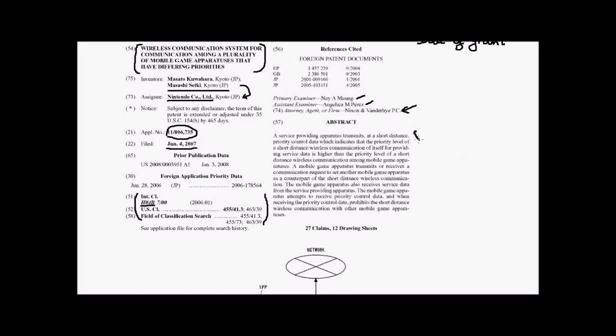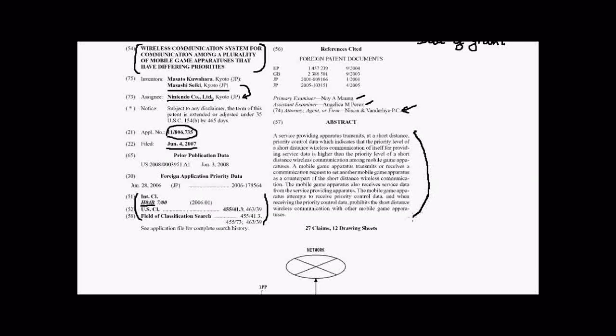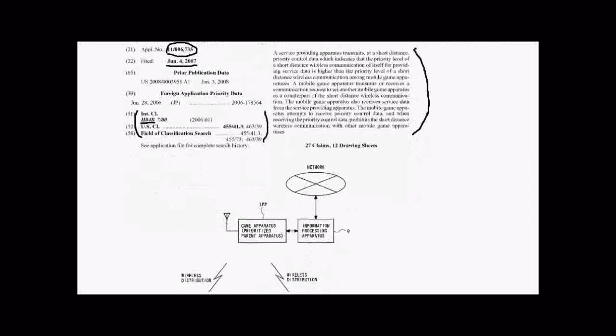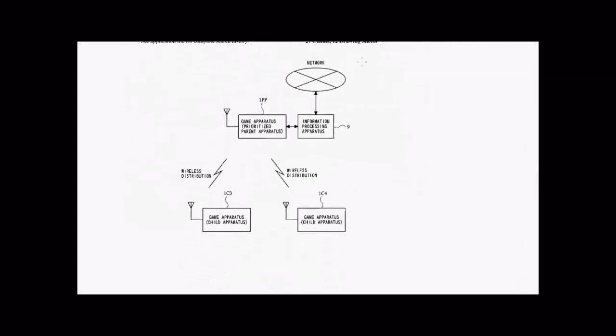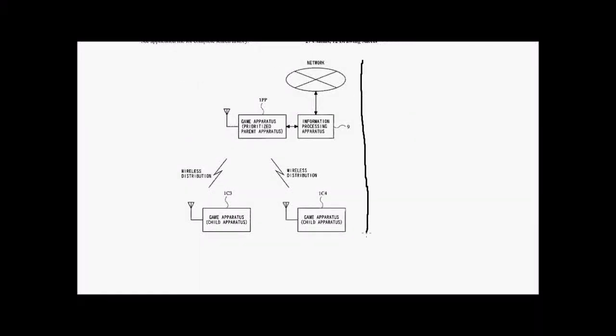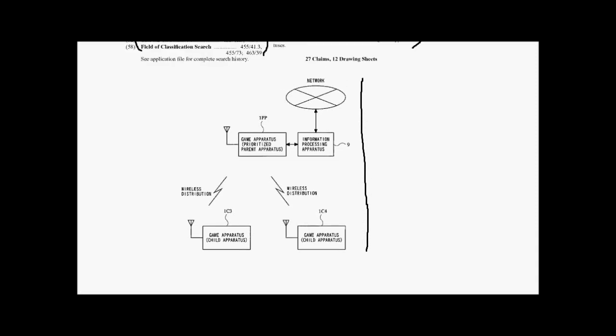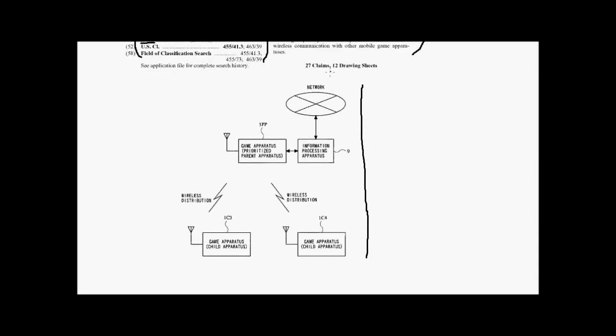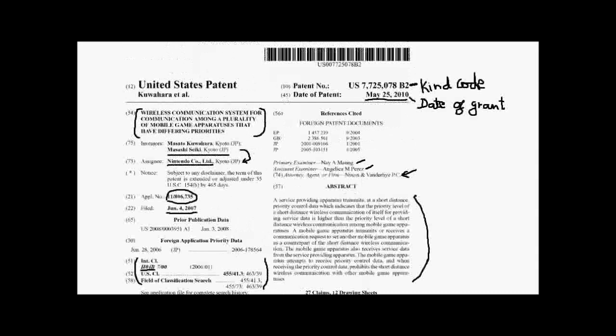This is the abstract section, which discloses the crux of the invention, and this is supported by drawings. So the first, or the most important drawing, appears on the cover page. However, there are 11 more drawings also. So there are 12 drawing sheets, so 11 more drawings are here to support this invention. So this is in brief about the anatomy of a patent document.